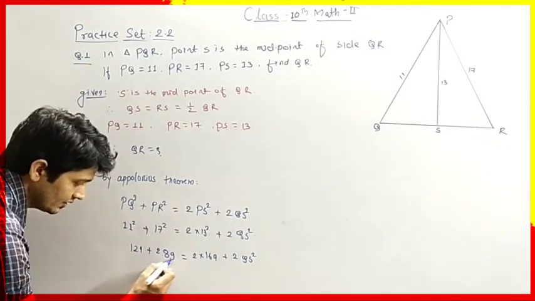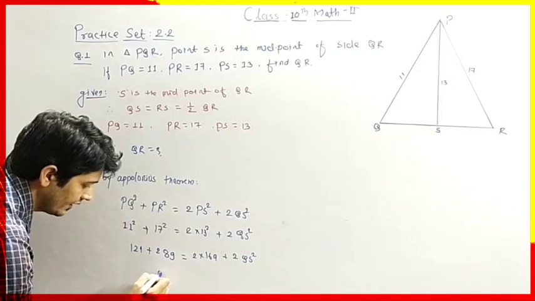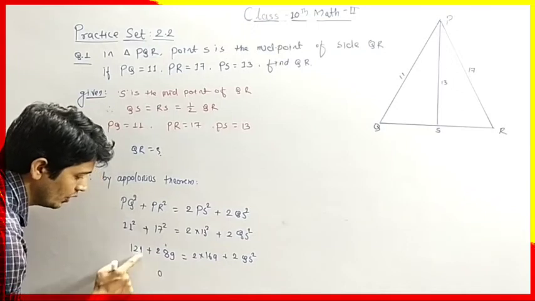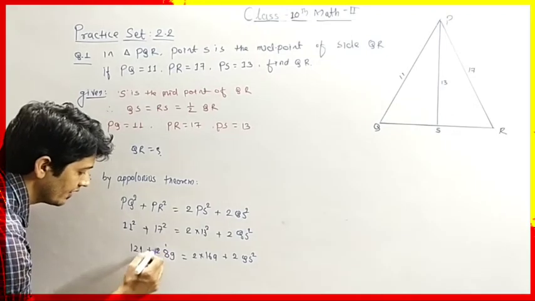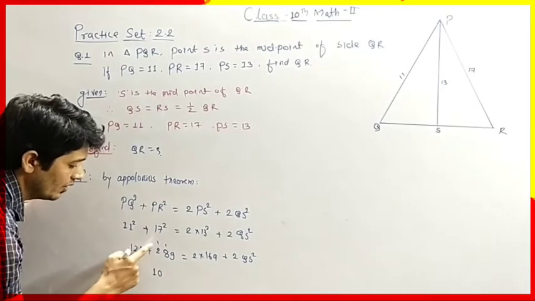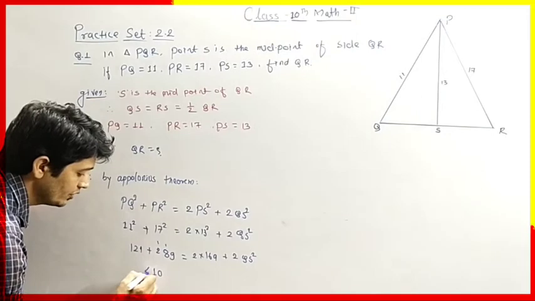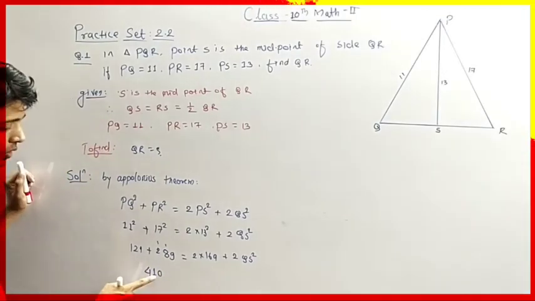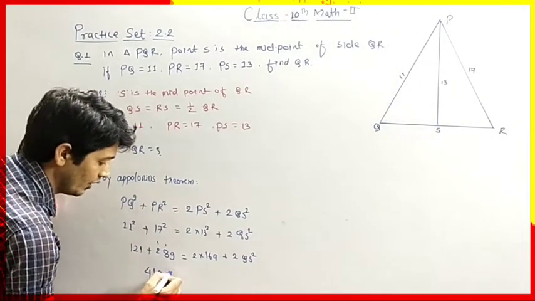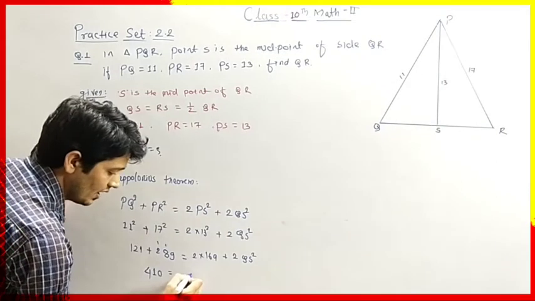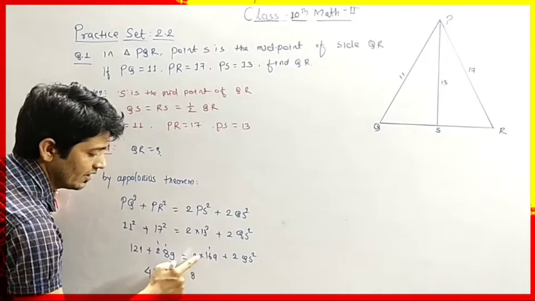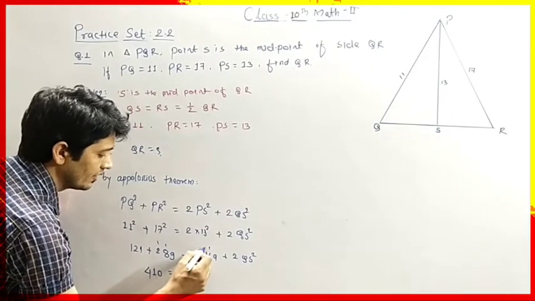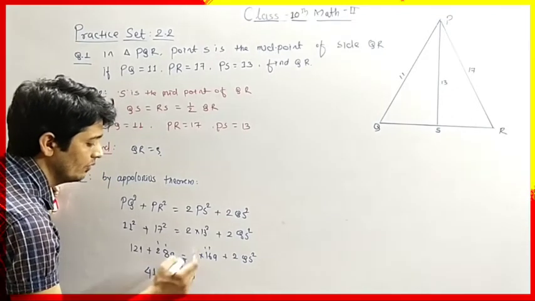So 1 plus 9 is 10. 10, write 0, carry 1. 2 plus 10, 2 plus 8 is 10 and 1 is 11. Again carry 1. 1 plus 1 is 2 and 2 is 4. So 410 equals to 2 9s are 18, carry 1. 2 6s are 12 and 1 is 13. Again carry 1. 2 1s are 2 and 1 is 3. So 338.